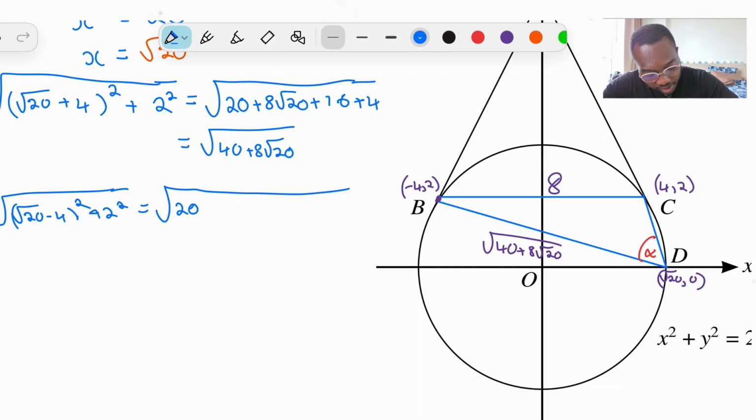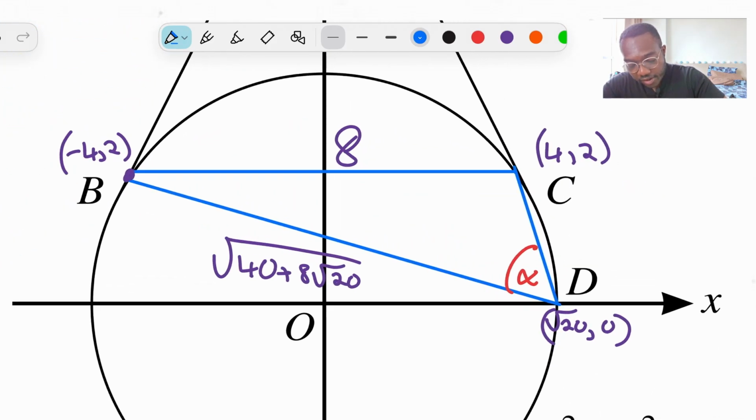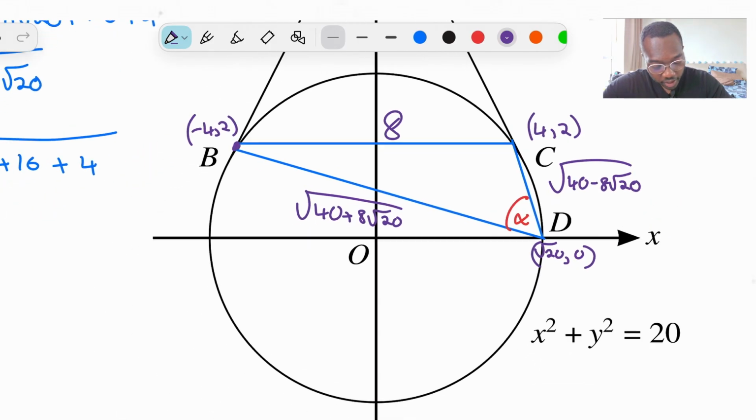Then we would get a minus 8 root 20. And then we would get a positive 16. And then a positive 4. And that simplifies down to the square root of 40 minus 8 root 20. So now we know that DC, the length, is the square root of 40 minus 8 root 20, okay? So now we've got all of our lengths, okay?